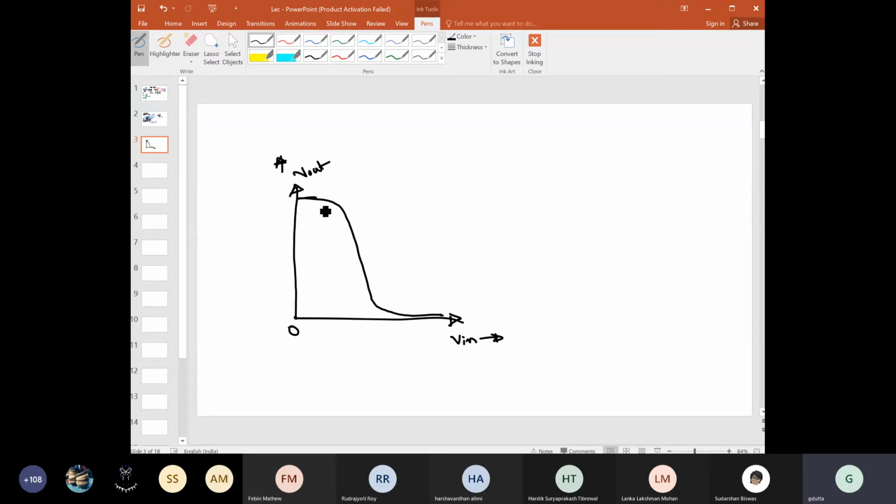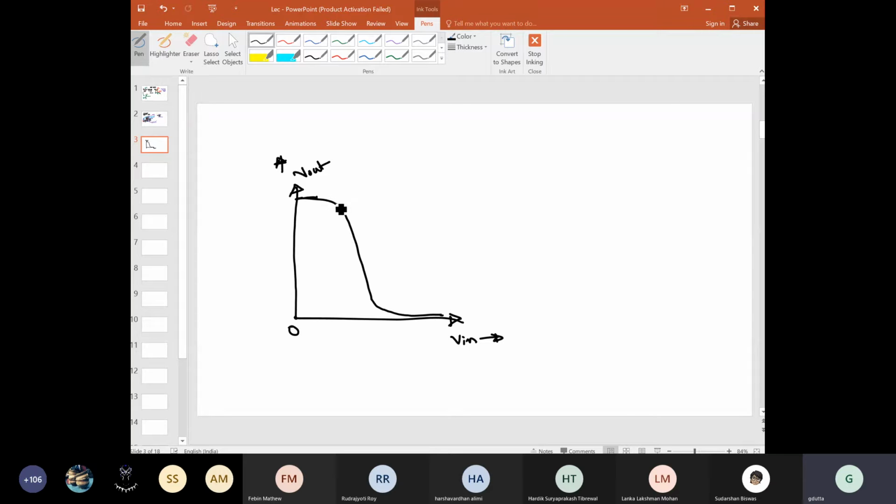So here you see initially the voltage has some highest value, right? But as you are changing this V in, after some point of this V in value, this V output voltage has started falling. It is no longer constant like the ideal inverter VTC, but it has started falling down.